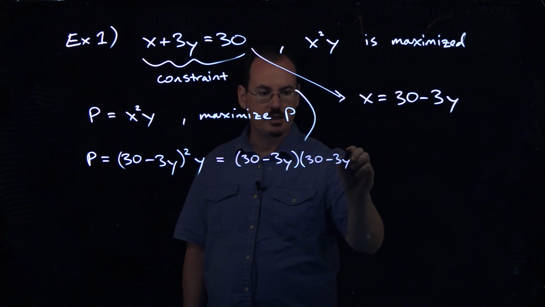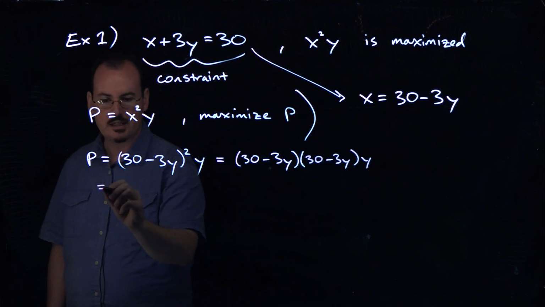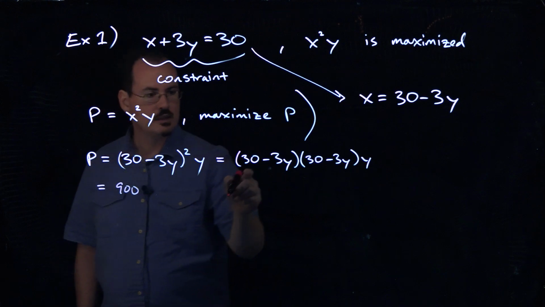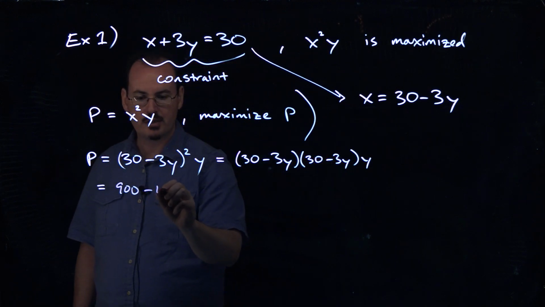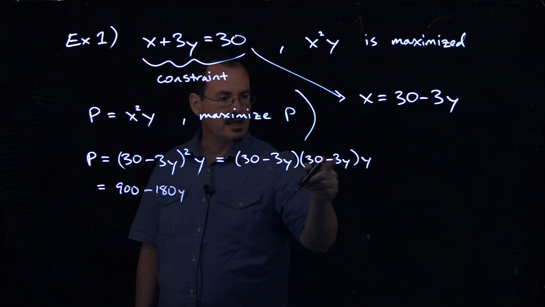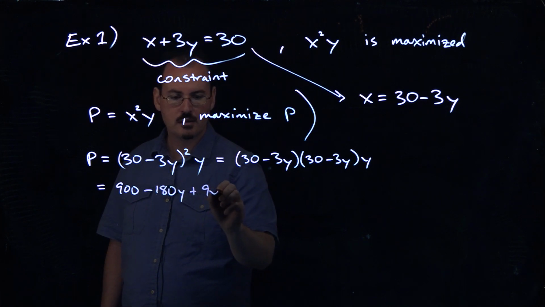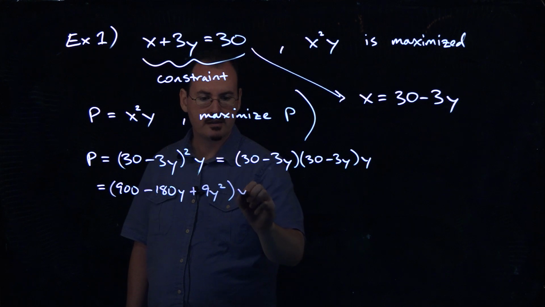So we'll write it twice and expand it as much as we can. We'll have 30 times 30, that's 900. Then minus 90, and then minus another 90, so minus 180y. And then the last term, we're going to have 9y squared. And this is all still multiplied by that other y there.